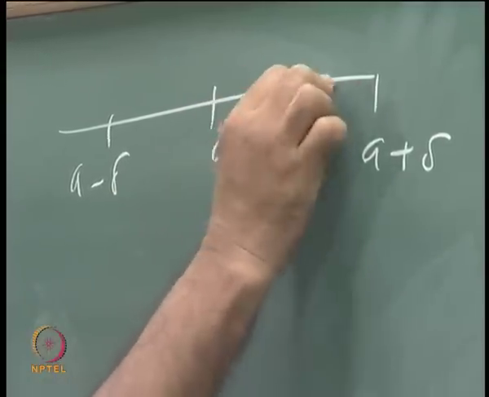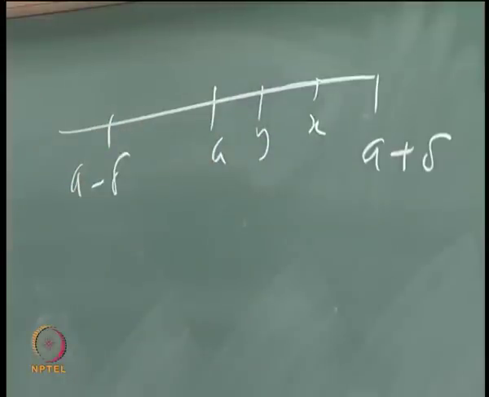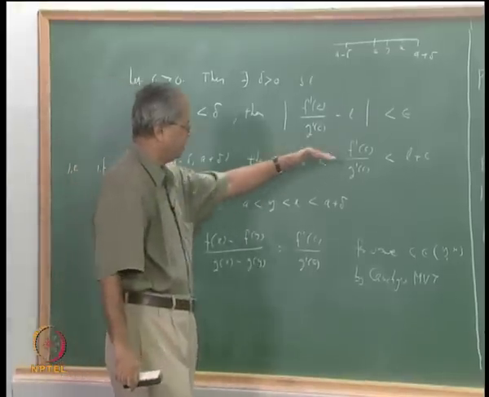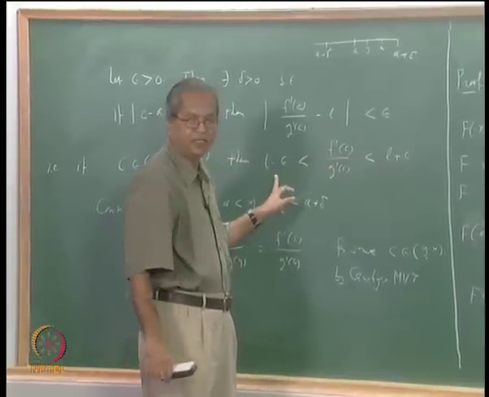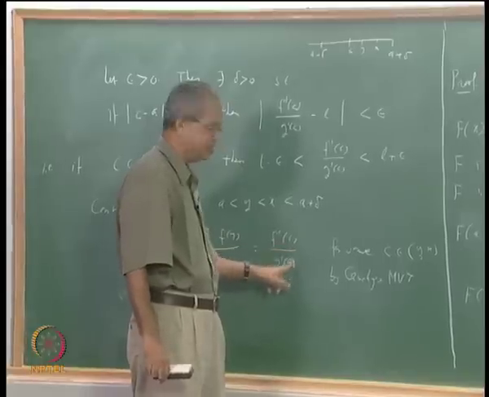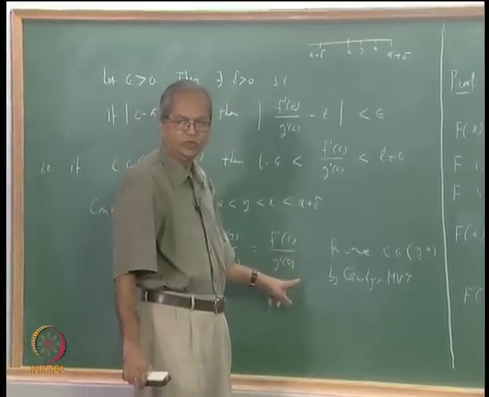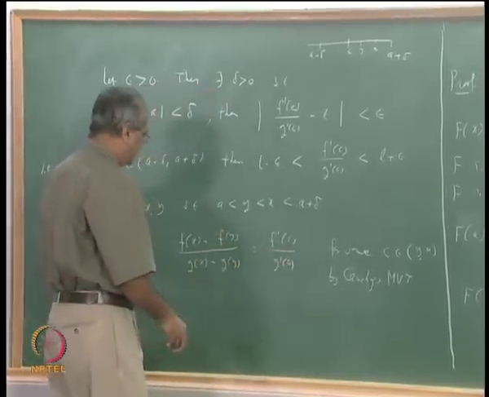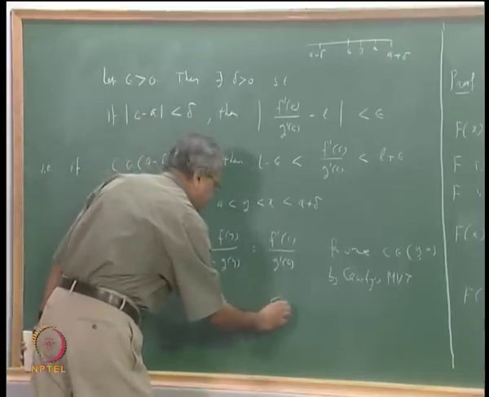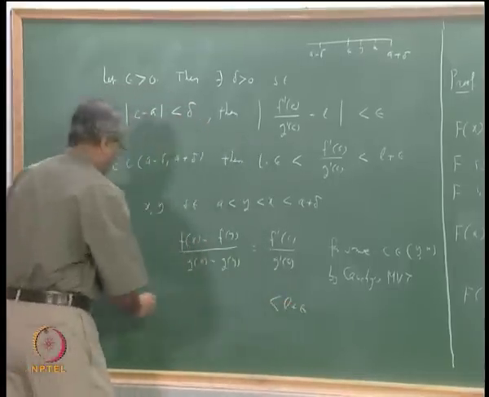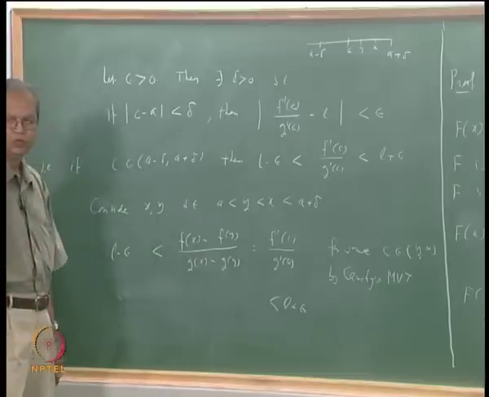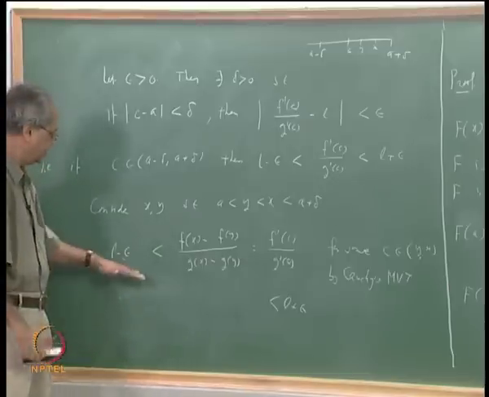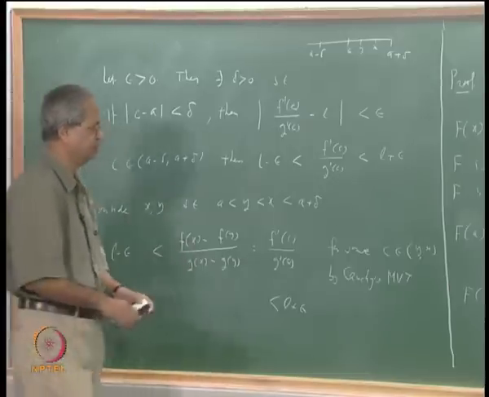So this interval y to x is a part of this interval a minus delta to a plus delta, and what we have said is that for every c in this interval f prime c by g prime c should be less than L plus epsilon and bigger than L minus epsilon. So it applies in particular for this c also. So we can say that this is less than L plus epsilon and bigger than L minus epsilon. We shall just take this inequality further, and then see what happens.